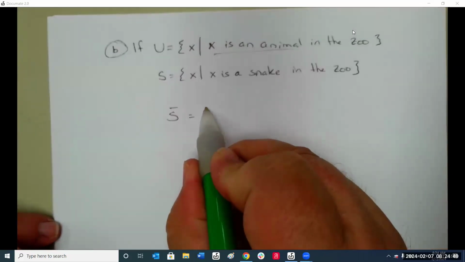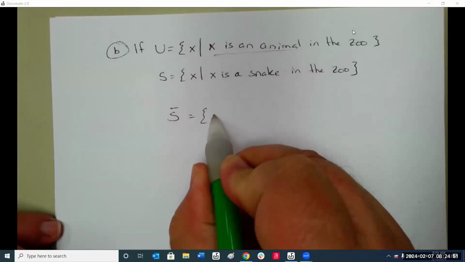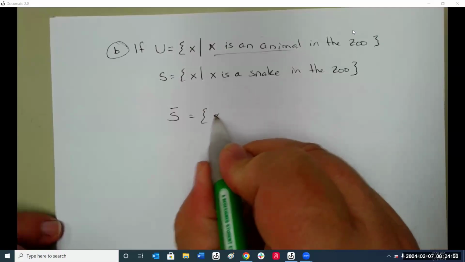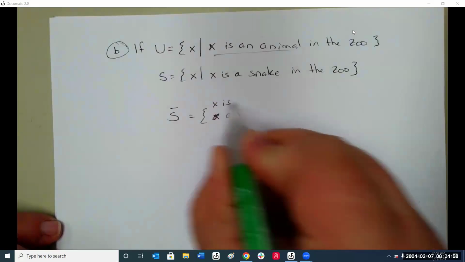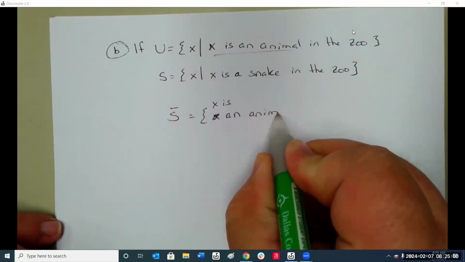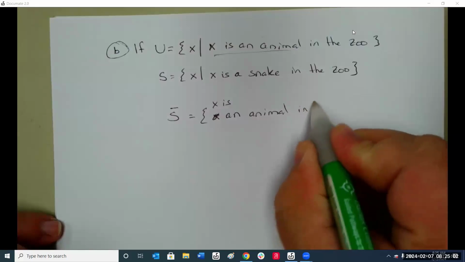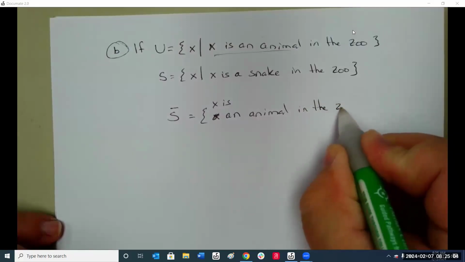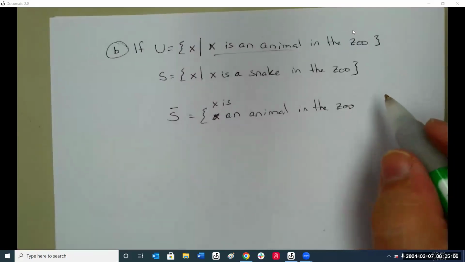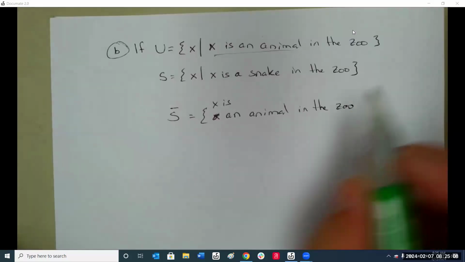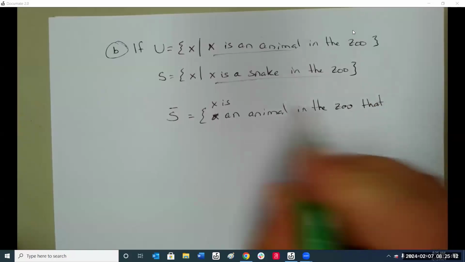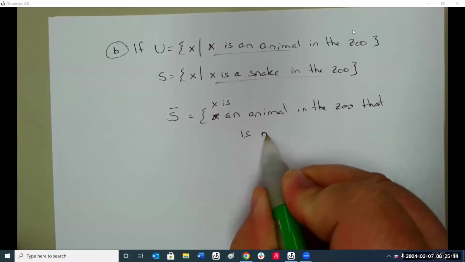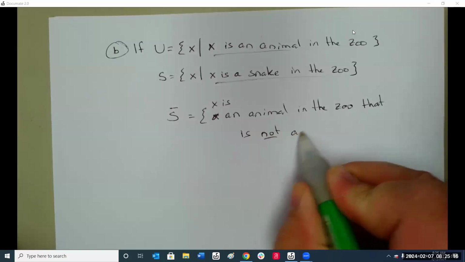So this one, x is an animal in the zoo that is not a snake.